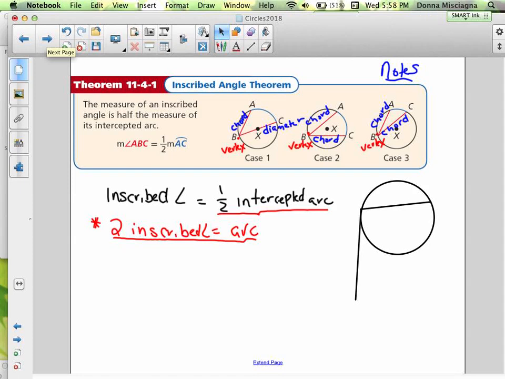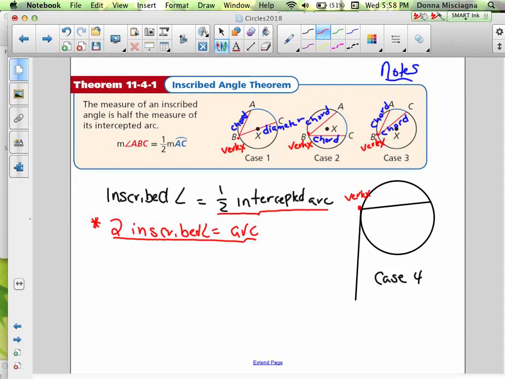Here's our last way that this can look, and let's call this case 4. And we're not going to be dealing with this case in this lesson, but we will in a later lesson. All right, so again, we have the vertex on the circle. In this case, one side is formed by a chord.